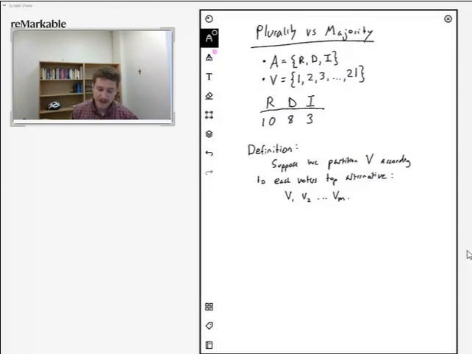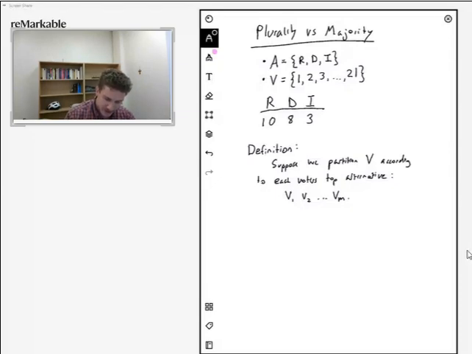And the idea here is that we're taking our full set of voters V, and we're separating out that full set of voters V according to who favors each of the different alternatives. So there'll be some subset of V, some group of voters whose favorite alternative is the Republican. Maybe that's V1. And there'll be some set of voters whose favorite alternative is the Democrat, and that's V2, and so on. So we're separating out or partitioning the set of voters V into the group that favors alternative 1 the most, the group that favors alternative 2 the most, and so on.